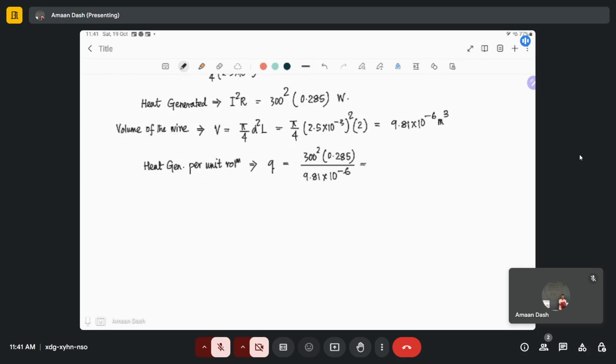So this is equal to 2.615 times 10 to the power of 9 watt per meter cube.